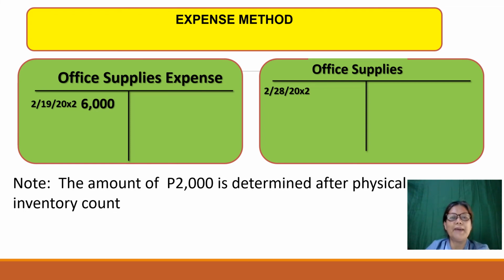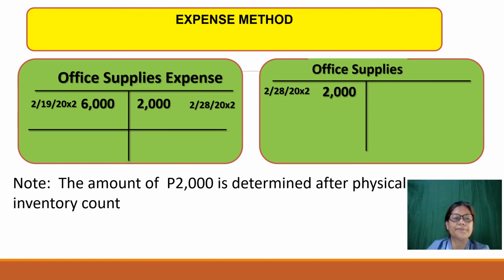So since the method is expense method, we have to adjust. So we have to debit office supplies of 2,000 on February 28 and a credit of office supplies expense 2,000. This is in order to reflect that the amount of 2,000 pesos is unused.